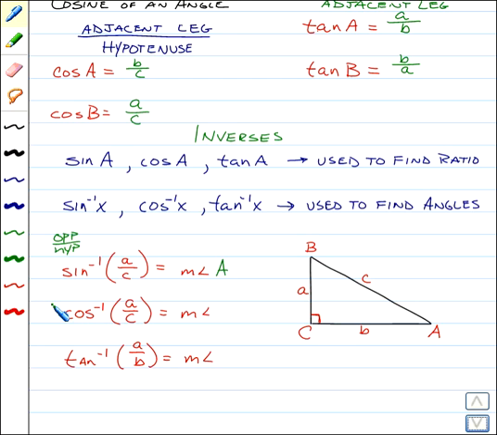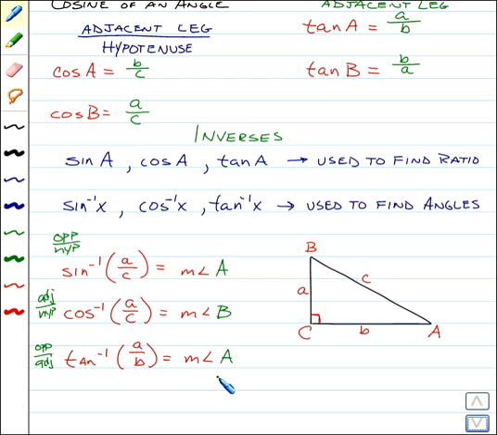Cosine we know is adjacent over hypotenuse. So if I took the inverse cosine of a over c, I would be looking at the measure of angle B. I would get the measure of angle B. And then the inverse tangent of side a over side length b is going to be equal to the measure of angle A, because that is the opposite over the adjacent.